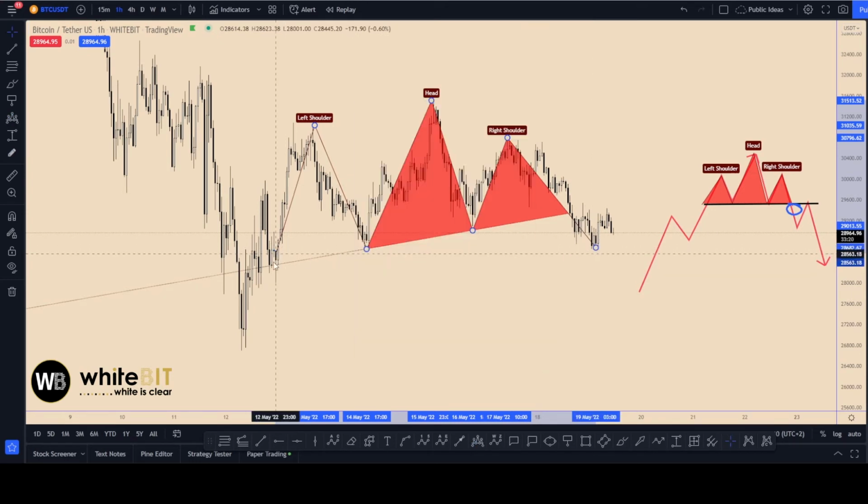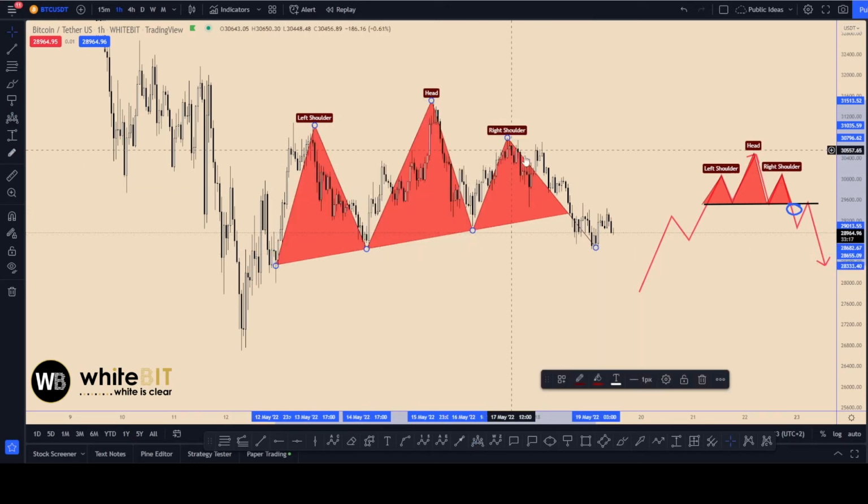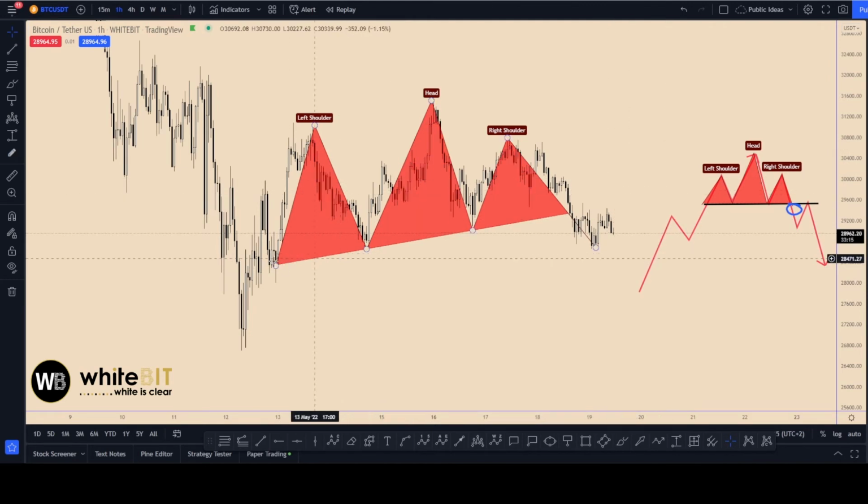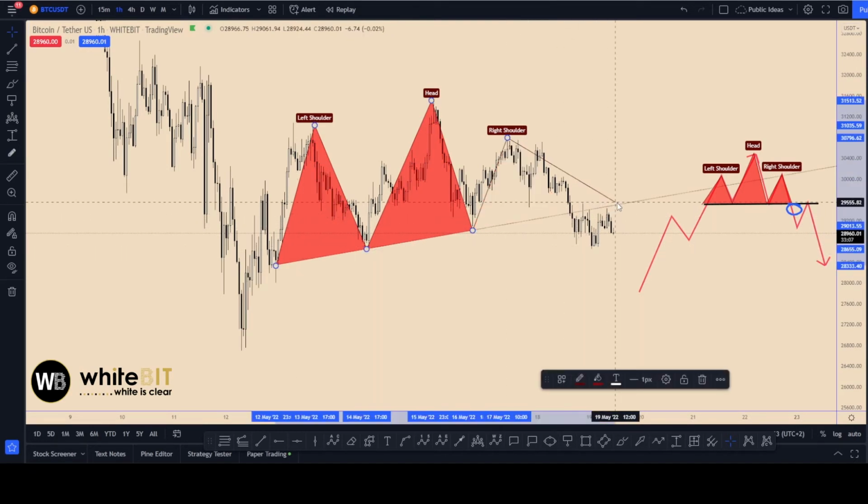And as we can see, this is how it is formed. This is not a horizontal neckline as I drew it. This is another type of example where the neckline has a slope, and we can see also a pattern that is coming down.